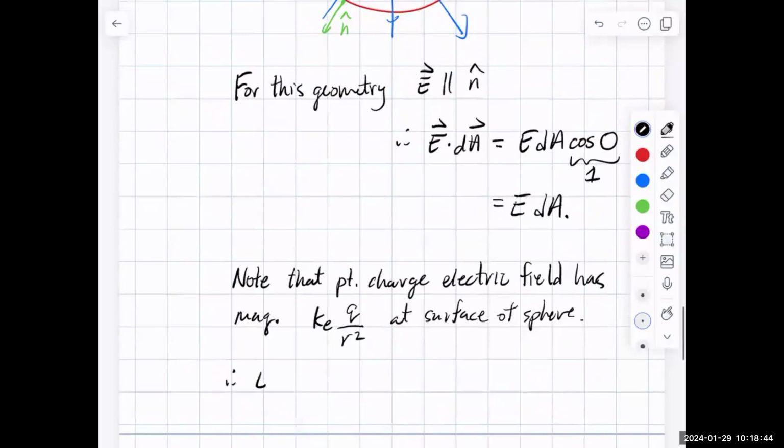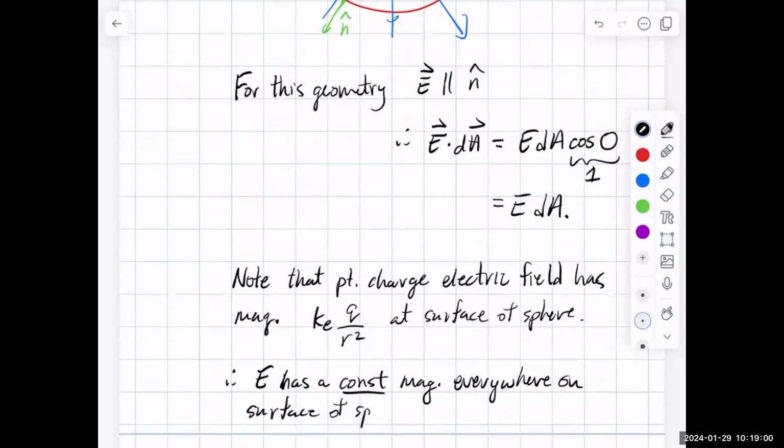So therefore, E has a constant magnitude everywhere on the surface of the sphere. And so that means we can factor E out of the integral we have to do.